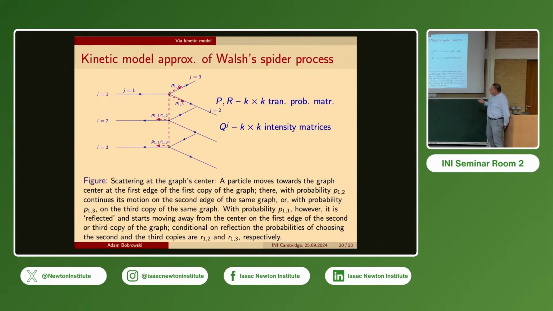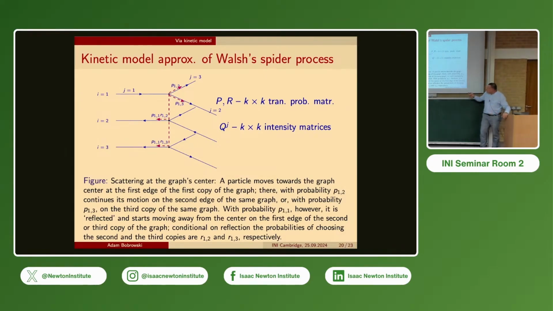So if I want a Walsh's spider on a graph with k edges, I start with k copies of this star-like graph.